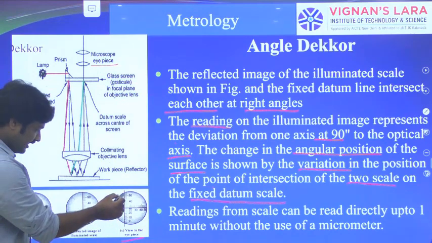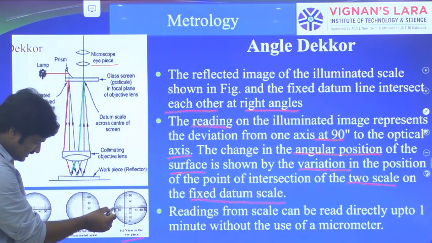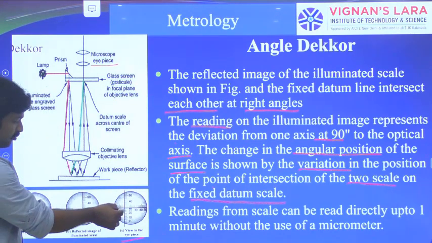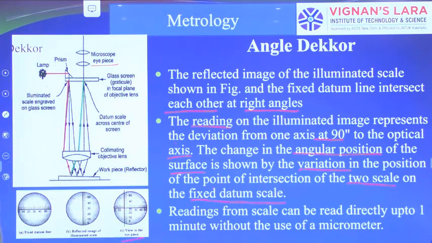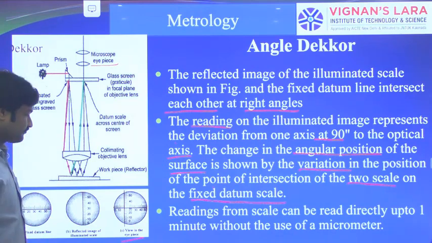So here, if both the zeros coincide with each other, then the angle of the workpiece is 0. If it shows any deviation, that indicates the angle of the component.